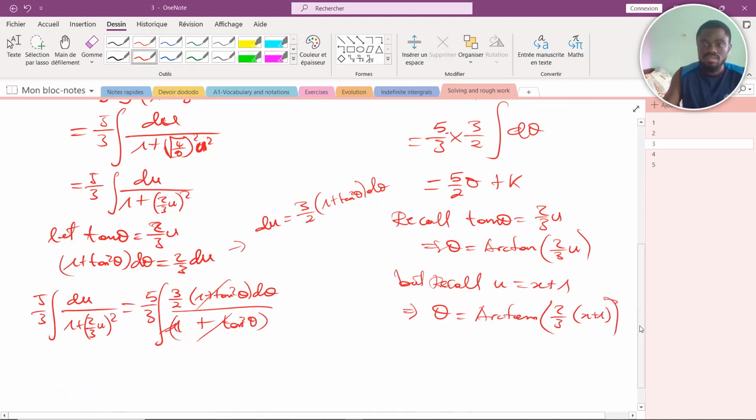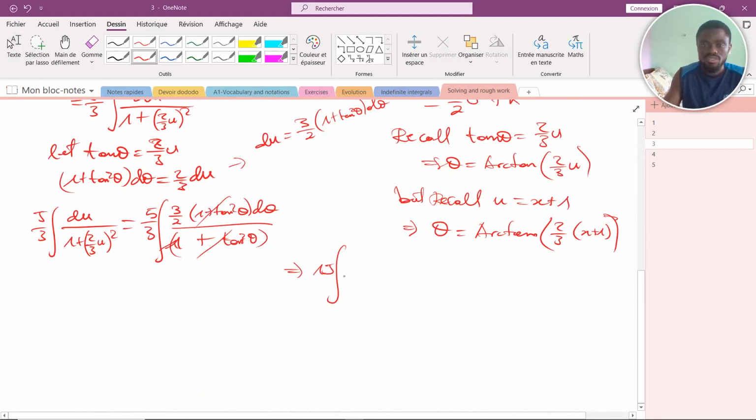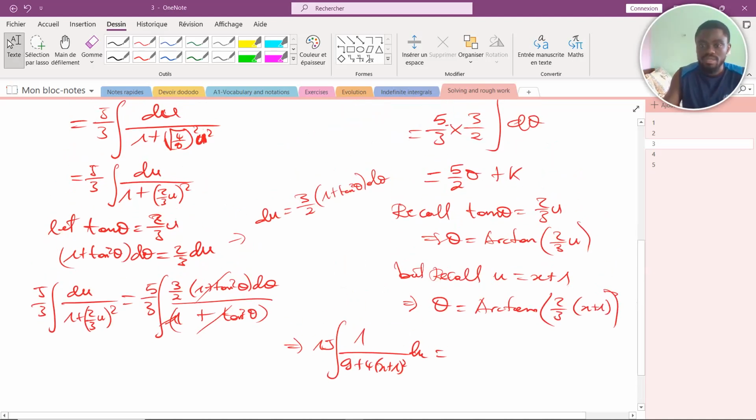So we basically see that this was the exercise here: 15 into the integral of 1 all over 9 plus 4 into x plus 1 squared dx will be equal to what? I replace this theta by this.